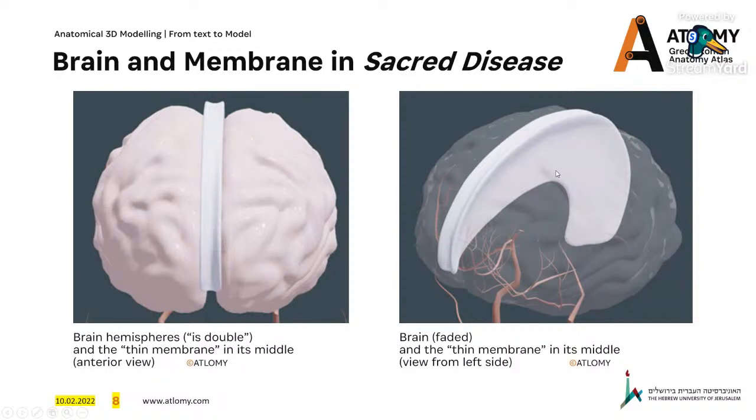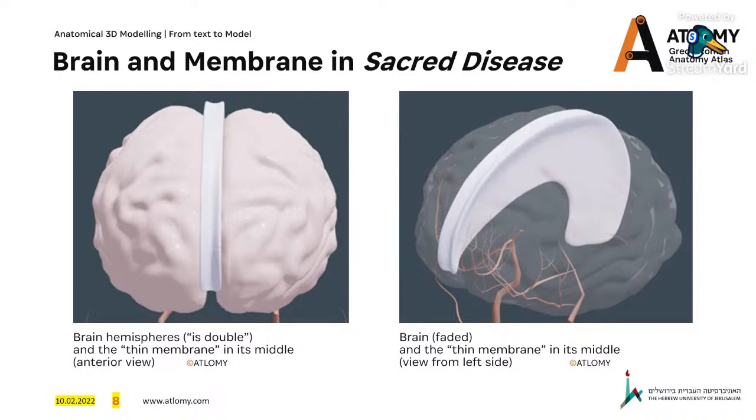Now, the question is why. The author only says that there's a thin membrane separating the middle of this twofold, this double brain. So how did we decide to actually present it in this way? There are many other ways one might think to present a thin membrane going through the middle of the brain, separating its two parts.